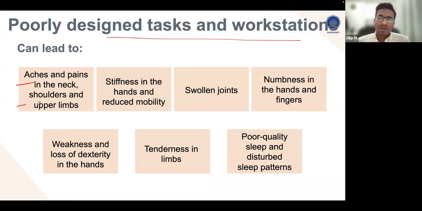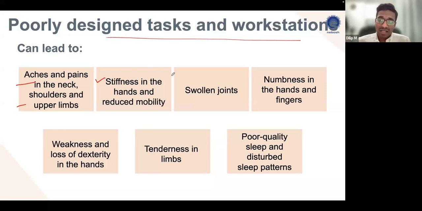Okay, so if you are not able to maintain a correct posture when sitting and working, or when carrying out any task, then it could lead to musculoskeletal disorders such as pains in the neck and shoulders, stiffness in the hands, reduced mobility, like you would find it very difficult to flex or move your fingers.